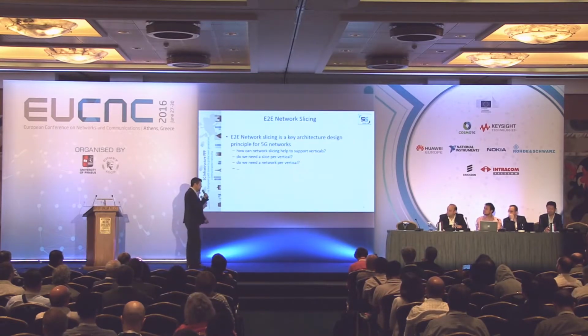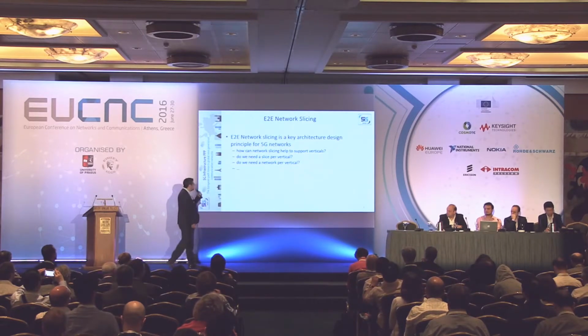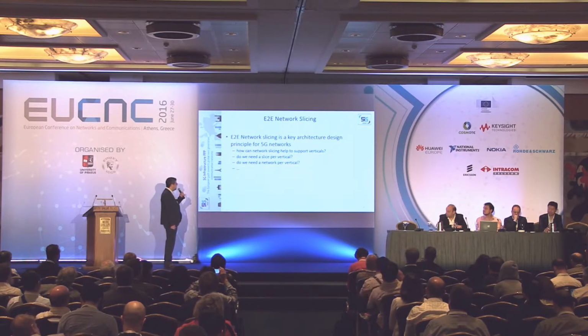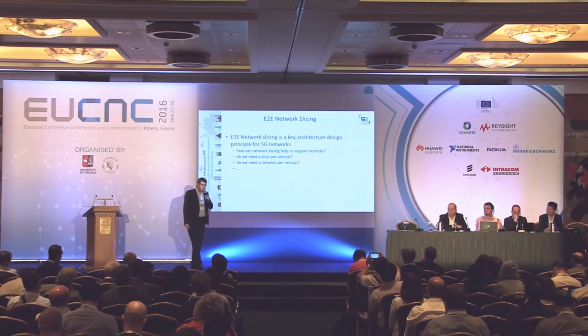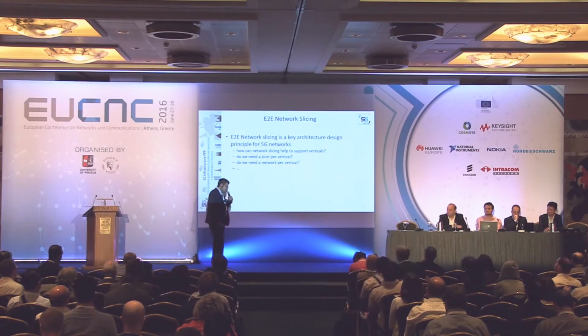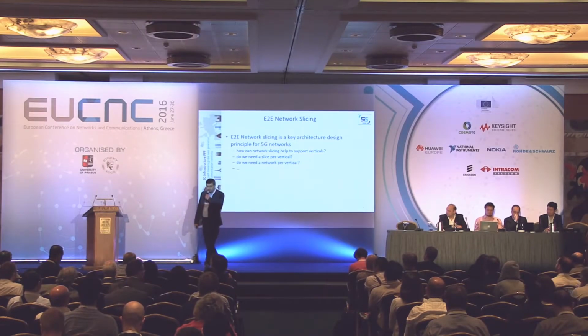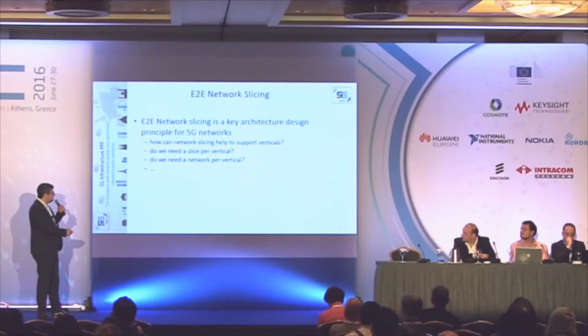Network slicing has been touched on in a few presentations today. Maybe we can start with some comments from the panelists. We saw yesterday's presentation related to the verticals, on how we can support the verticals. I introduced at the beginning that architecture is a key enabler to support the verticals. So how can we achieve this? How can network slicing help to support the verticals?